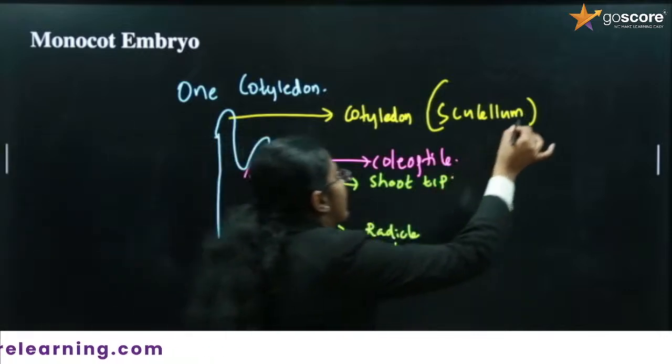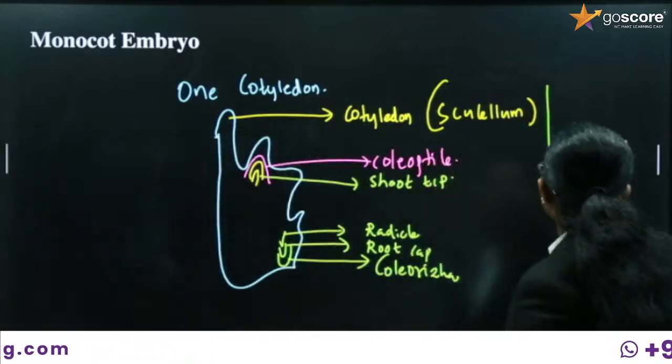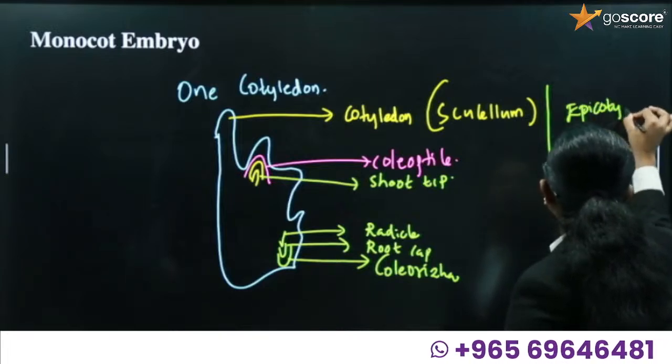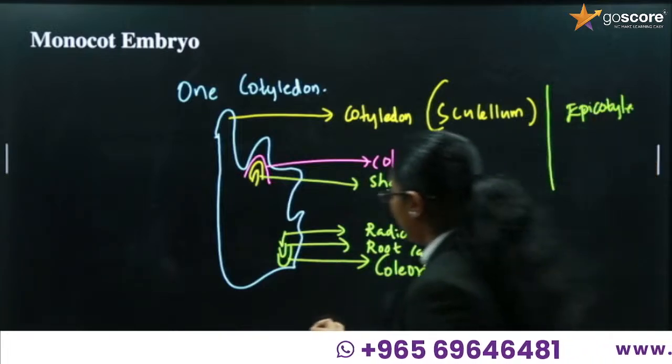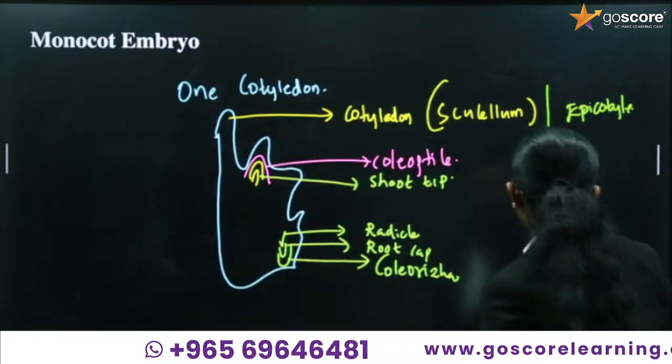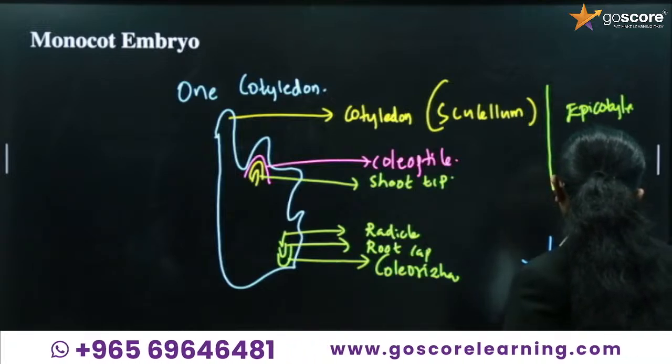There is an epicotyle region above the axis. Above the axis, we will call it epicotyle region. Below the axis, we will call it hypocotyle region.